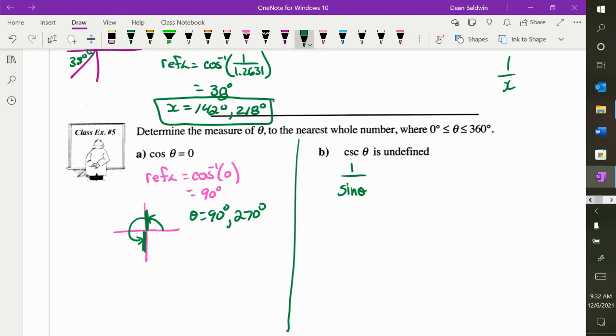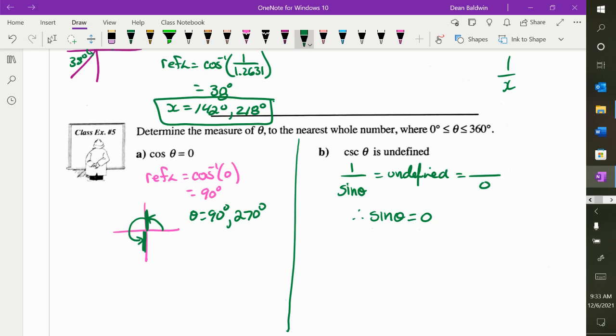All right. So we're going to say 1 over sine is equal to undefined. What makes something undefined? We just talked about it. You're dividing by 0. So what that really means is that it equals something over 0. Boom. There you go. Therefore, sine theta has to equal 0 if the answer is undefined. 0 is neither positive nor negative, like we just learned in the first one.